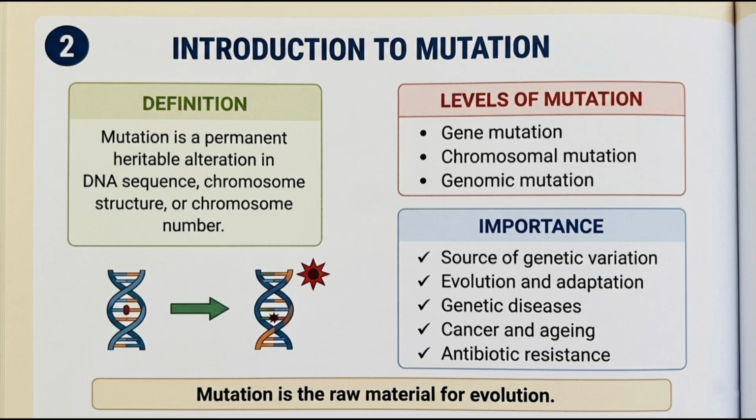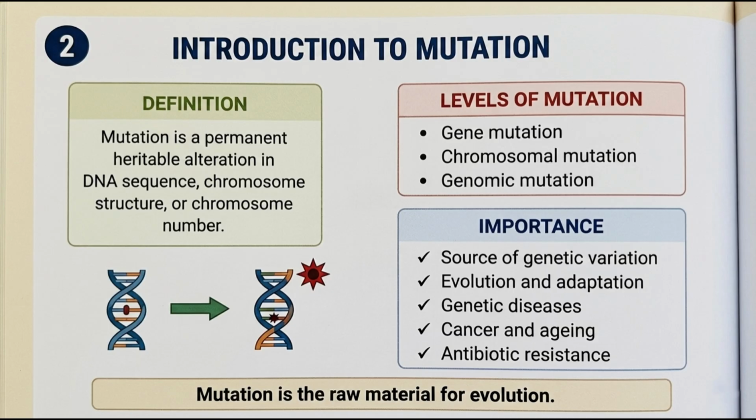Mutation is defined as a permanent heritable change in the genetic material of an organism. These changes may occur in nucleotide sequence, chromosome structure, or chromosome number. Mutations can be beneficial, harmful, or neutral. Beneficial mutations provide adaptive advantages and contribute to evolution.